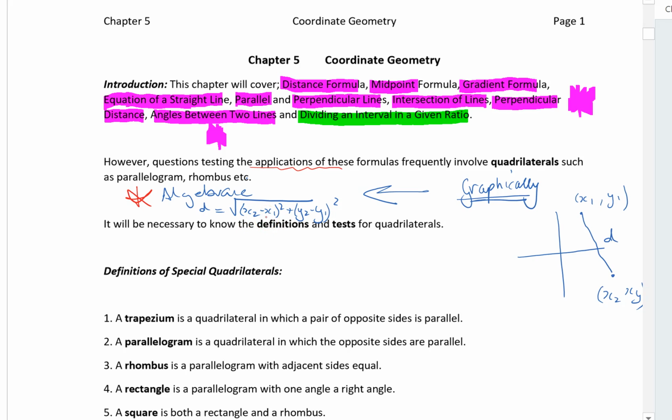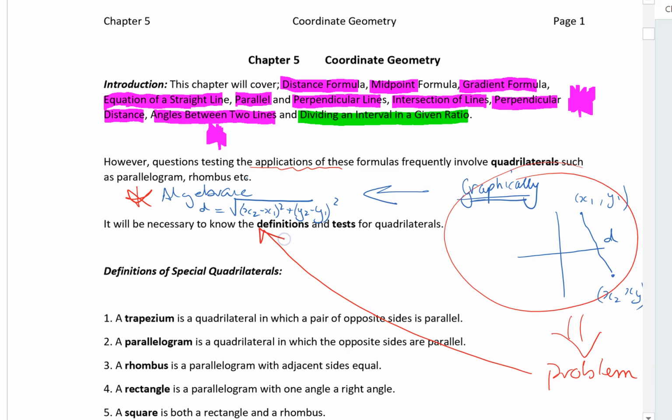It's going to be understanding the graphical representation and extending on to a problem-like situation, and knowing that in this problem we actually need, for example, this distance formula, or we might need the midpoint, or we might need to rely on the gradient formula.